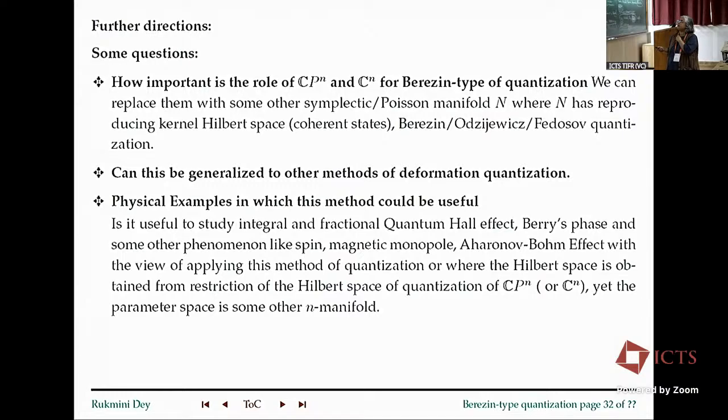For example, I think, if I'm not mistaken, for the simple harmonic oscillator, the Hilbert space is just all analytic functions. And for CP^N, it has homogeneous polynomials of degree n. I think that also appears in quantum Hall effect at some point. I don't remember exactly.